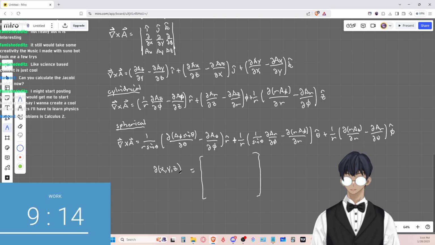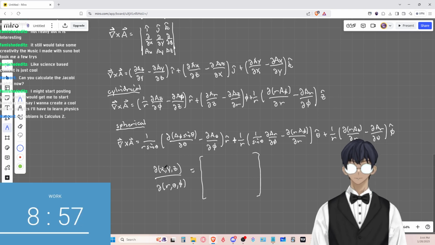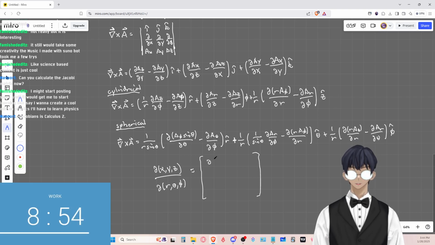So, convert it to R. So then it would be... is that right?